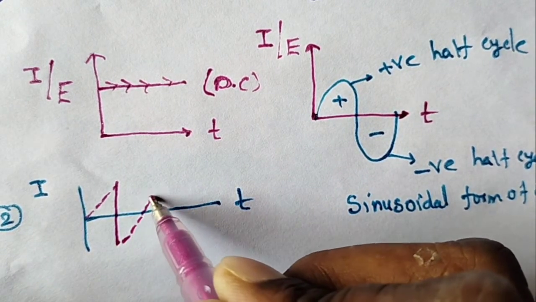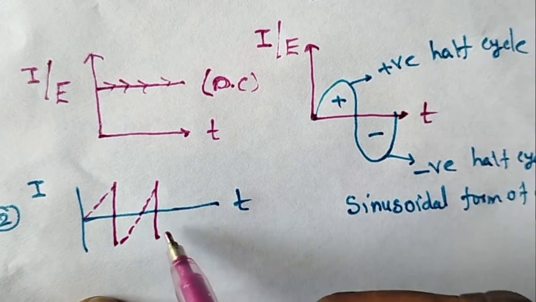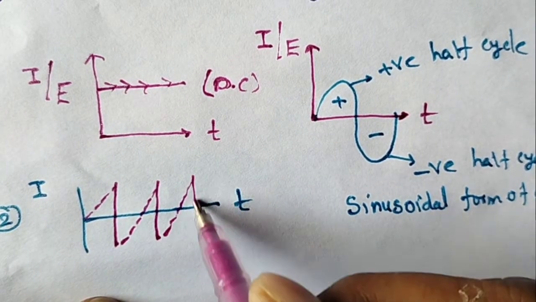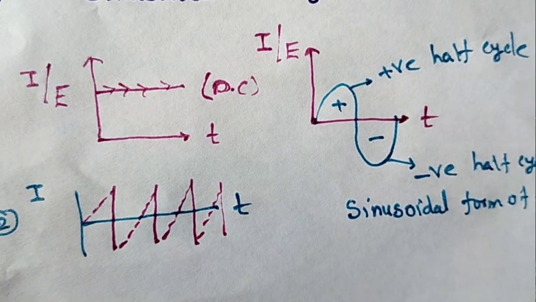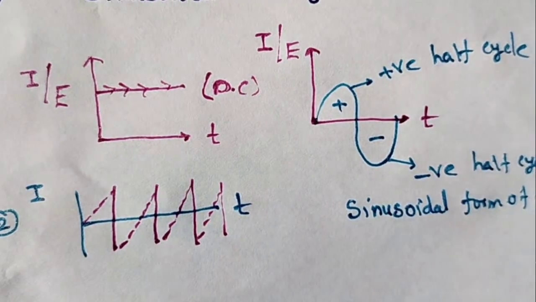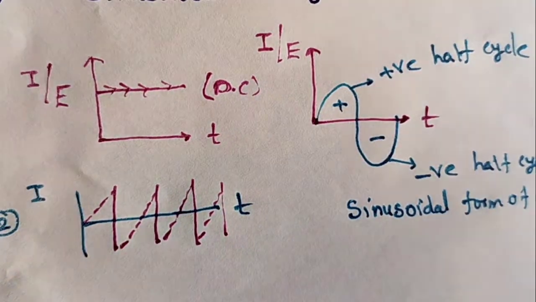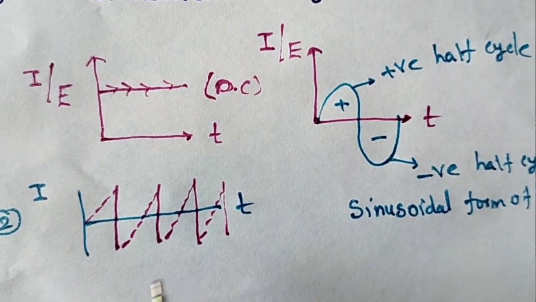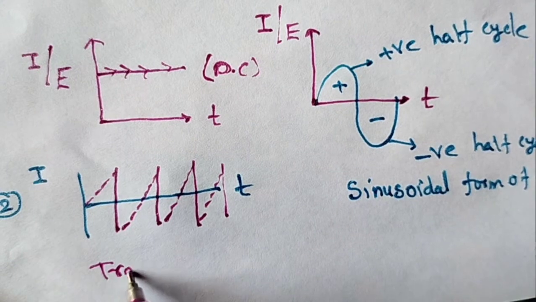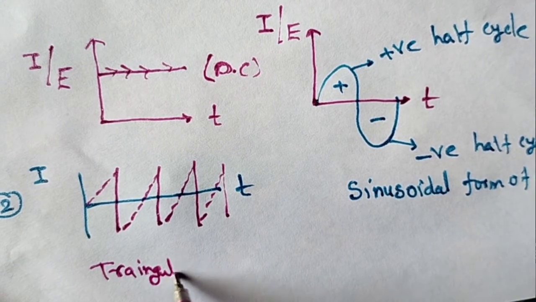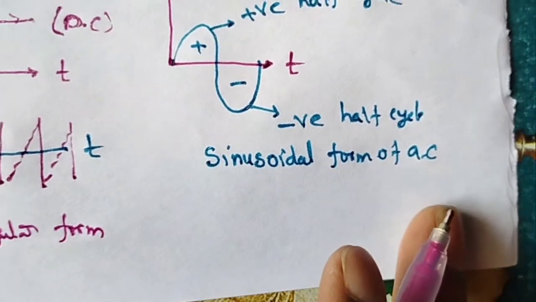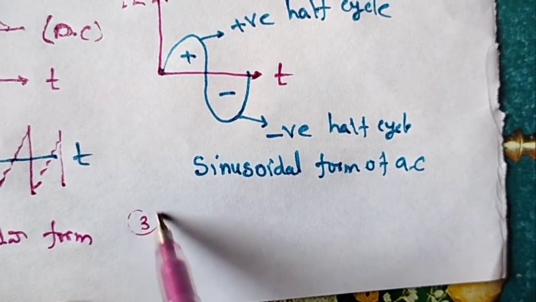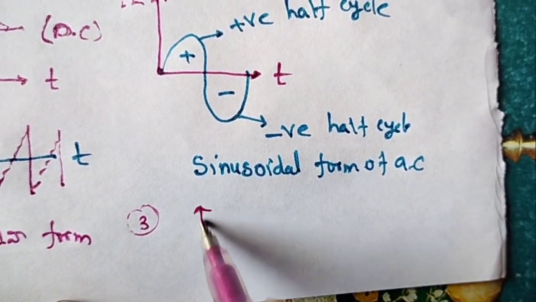This is also AC current, indicated like this. So what is the AC current in this one? Triangular wave, triangle form of AC. This is called the triangular form.